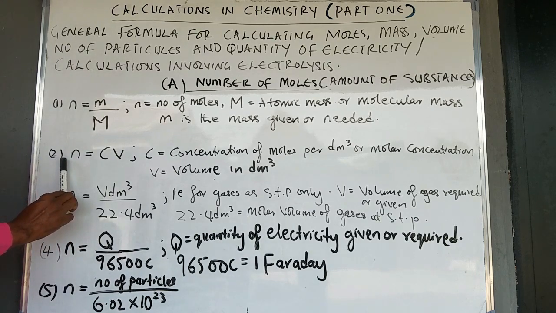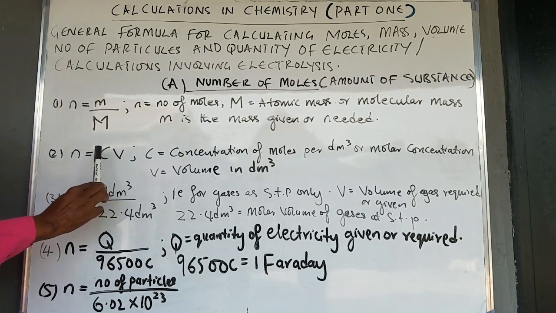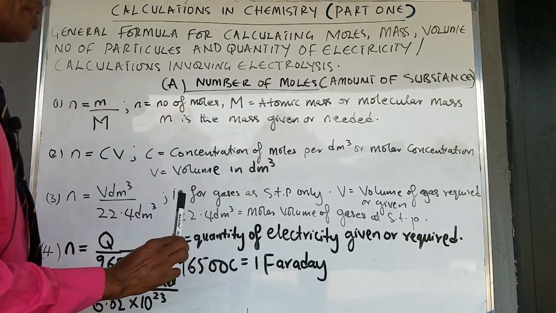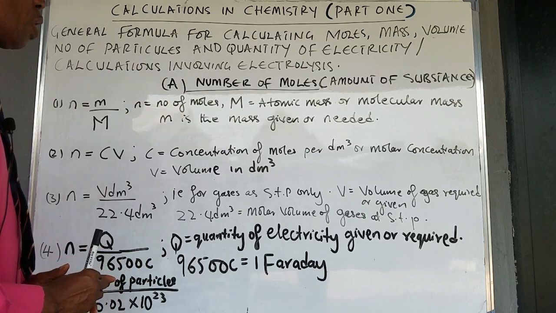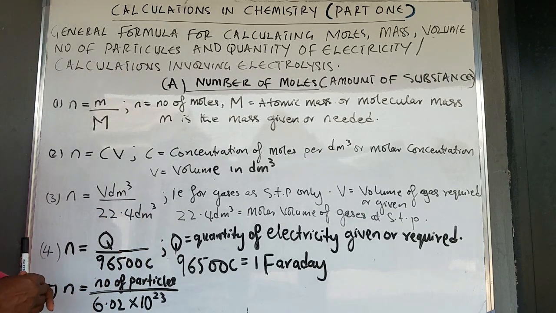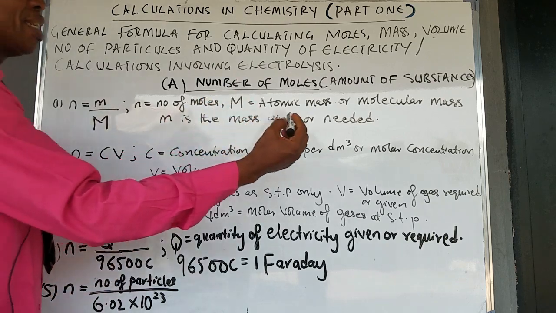Then the next one is n is equal to CV. What's C? C is concentration in moles per dm³, or what you may call molar concentration. And then V is volume in dm³. Now before we go further, how do you identify this molar concentration? Let me add it here.